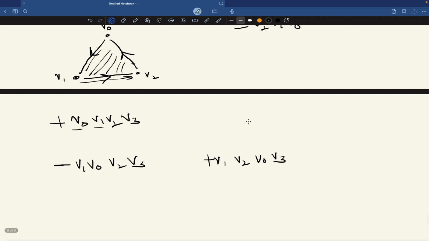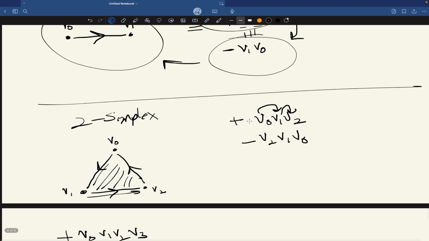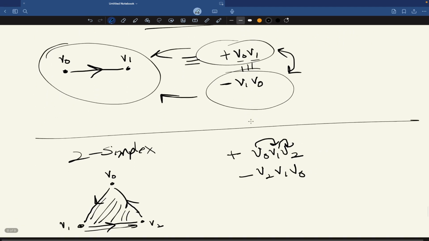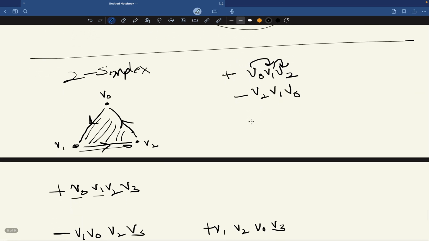So this is how you denote your oriented simplicial complexes. When we had unoriented simplicial complexes, there was no difference between these two. There were no plus and minus signs. These two were denoting the same simplicial complex when we did not have any direction.